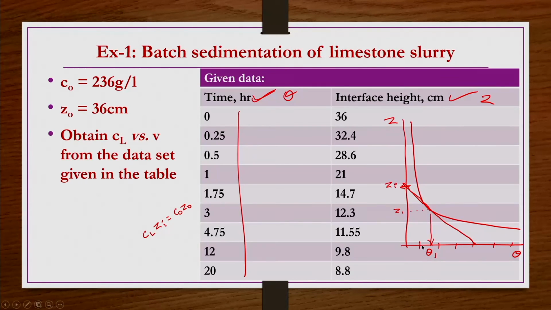The velocity is Zi minus Z1 by theta 1, which gives the settling velocity, so V is known. Then C you can calculate because Zi is also known: C naught Z naught by Zi gives the CL information. So both pieces of information are known, and that is just graphical work.